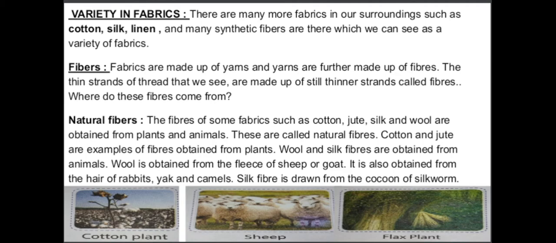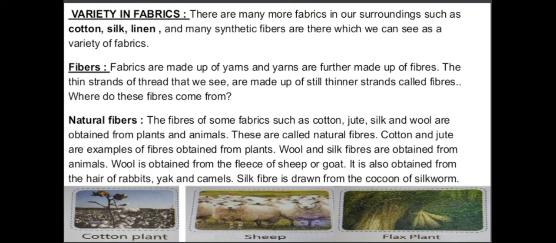Do you all guess what the sources of these fibers are? On the basis of their sources, fibers are classified into two types: natural fiber and artificial or synthetic fiber. First, natural fiber. The fibers of some fabrics such as cotton, jute, silk and wool are obtained from plants and animals.